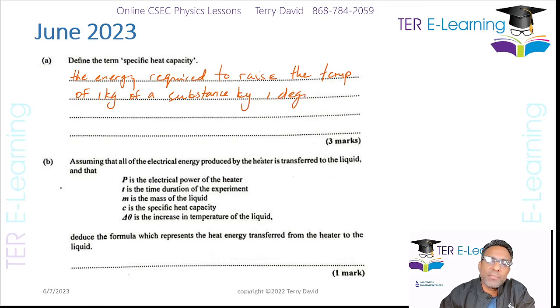And that 1 degree could be in degrees Celsius or degree Kelvin, right? So that's the definition here. Energy required to raise the temperature of 1 kilogram of a substance by 1 degree.